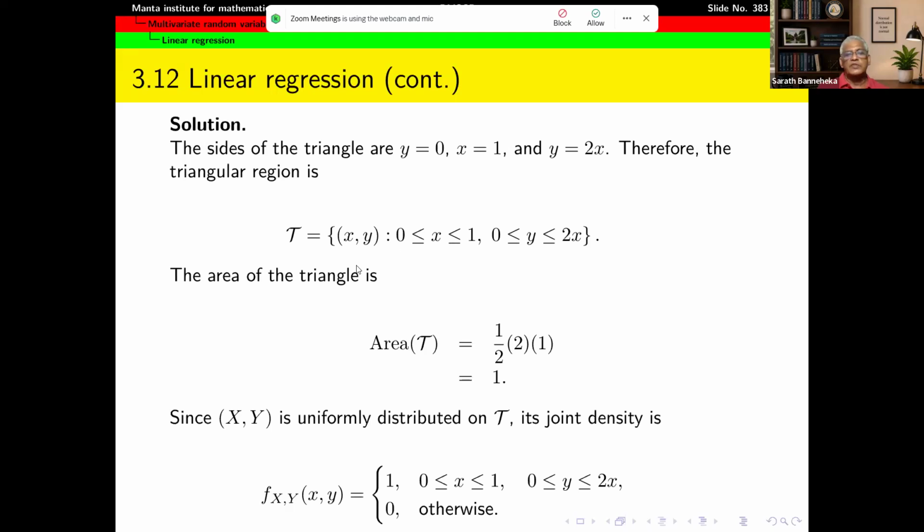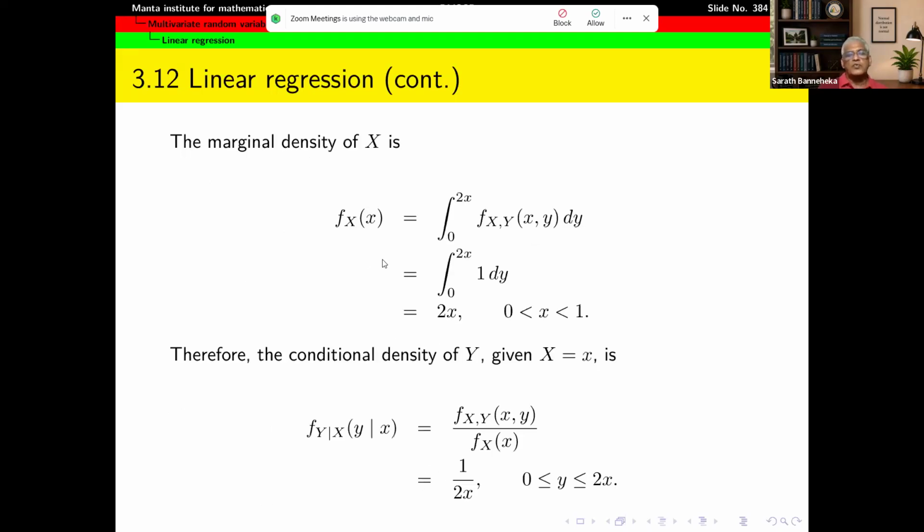In that case, the area of the triangle is equal to 1. Since xy is uniformly distributed on T, its joint density function has to be 1, so that the volume under the joint density over T is 1. So the joint density is 1 in this particular region.